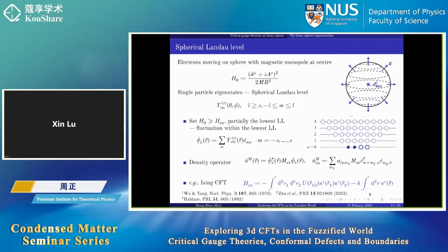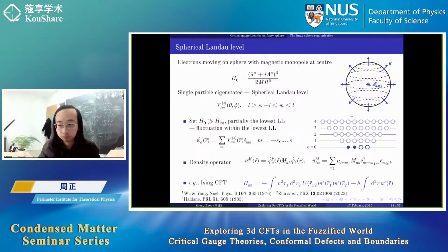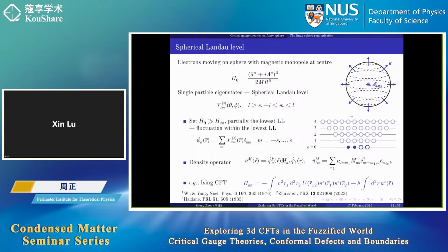Excuse me, I have a trivial question. For the first condition, you have assumed that H0 is much larger than the interaction part, right? Yes. How can we handle the situation where the interaction term is comparable to or even larger than H0?